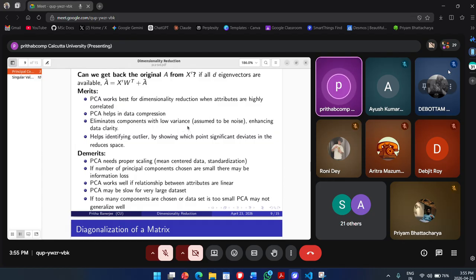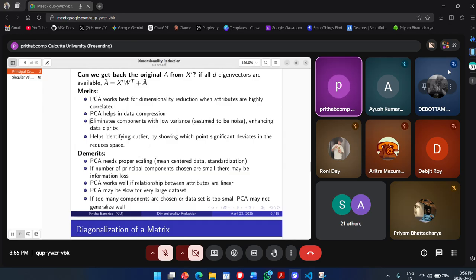Low variance means the values have almost no impact on the entire thing, so those attributes can be eliminated because they will be in the later part of the principal components. It also helps identify outliers by showing which points significantly deviate in the reduced space.